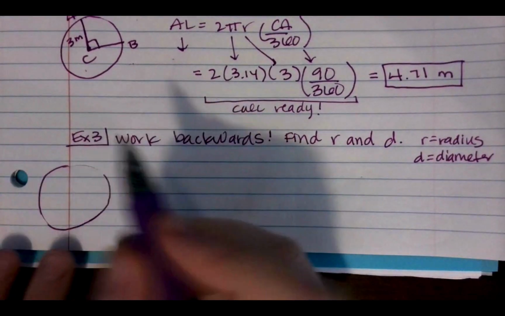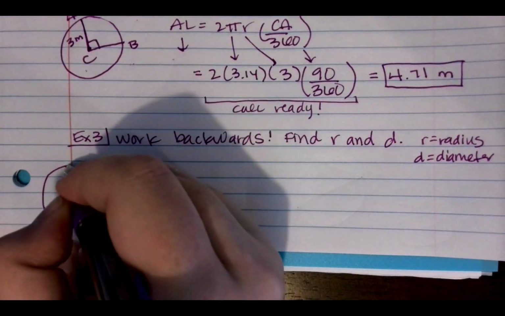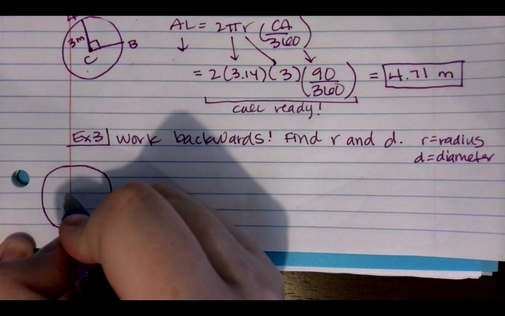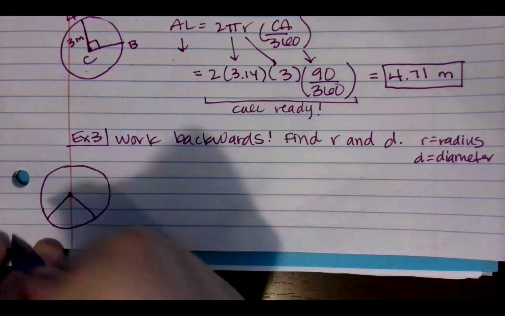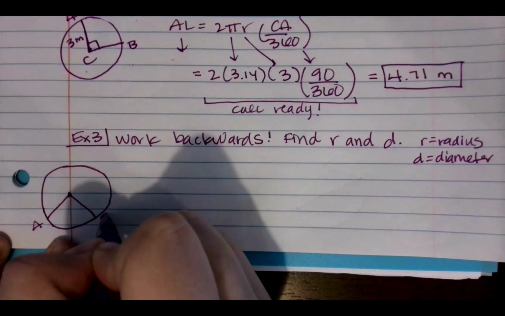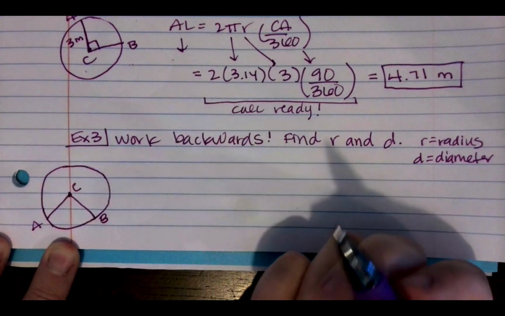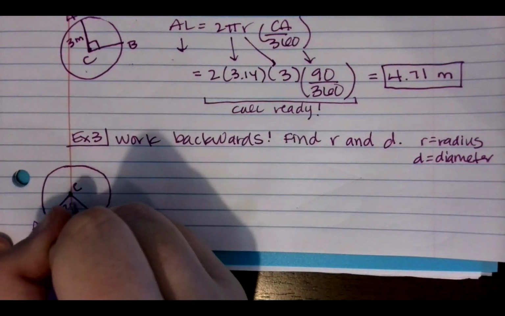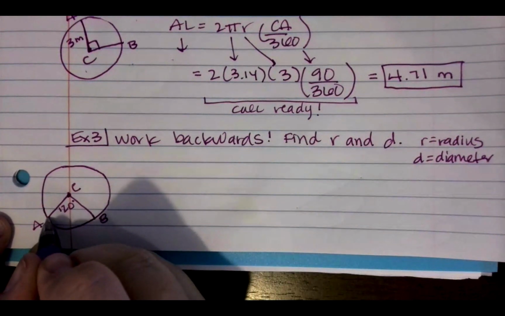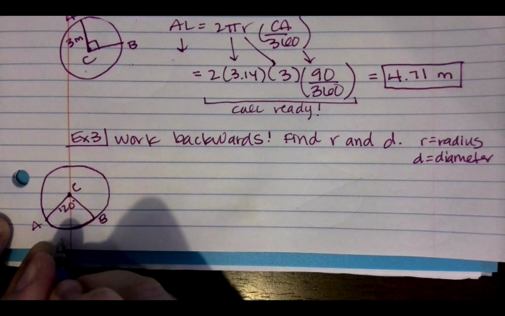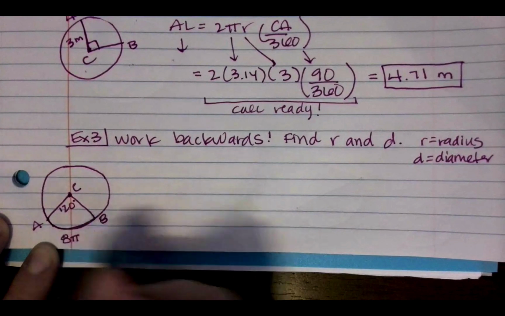We need a central angle. This guy's facing down, A, B, C. This is 120 degrees. And they're giving me this arc length here as 8 pi.